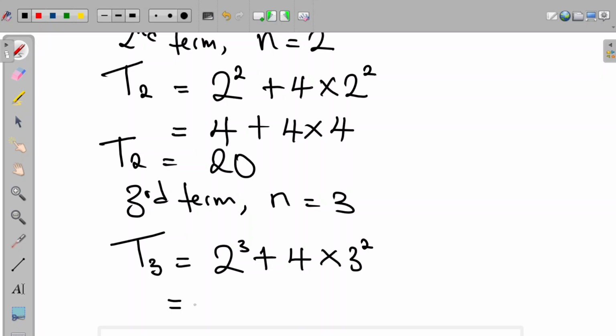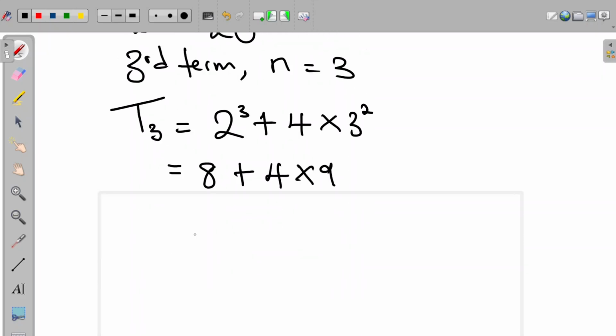So 2 to the power of 3 is 8, plus 4, 3 squared is 9. So 4 times 9 is giving us 36. So this is equal to 8 plus 36. So therefore, the third term of the sequence is 8 plus 36, which is equal to 44.